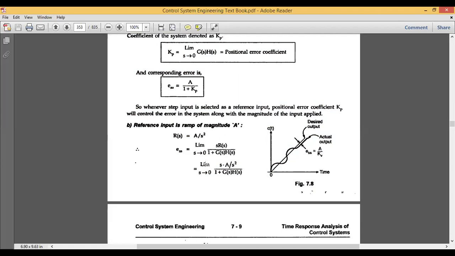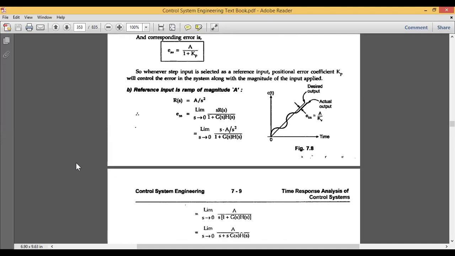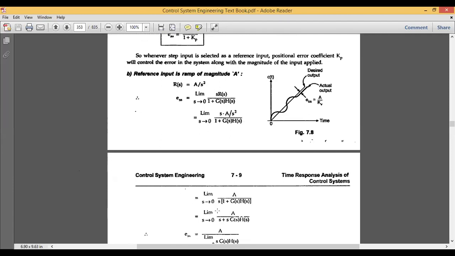Now substitute the value of R of s in this equation. So we get limit s tends to 0, s multiplied by A by s square divided by 1 plus G of s into H of s. One s in the numerator and in the denominator get cancelled. So it becomes limit s tends to 0, A divided by s multiplied by 1 plus G of s into H of s.